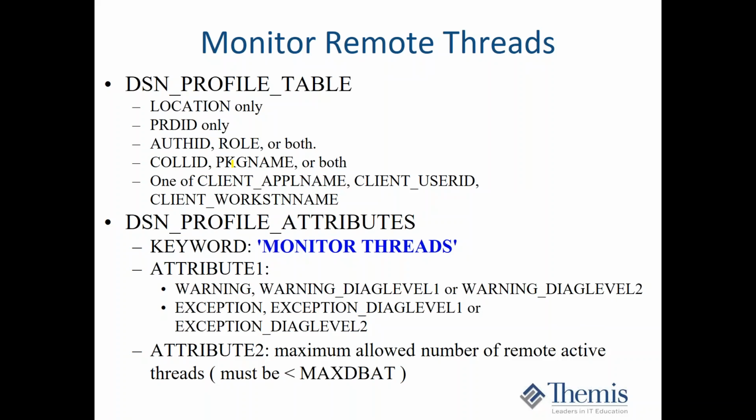These are the ones that are using KEEPDYNAMIC, which means their thread stays on the active chain even though they commit, or they've done things like cursor with hold and didn't close the cursor when they committed, and the cursor is still maintained, and they're out on the active chain when they should have closed the cursor and then committed.